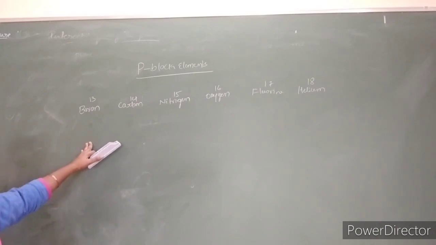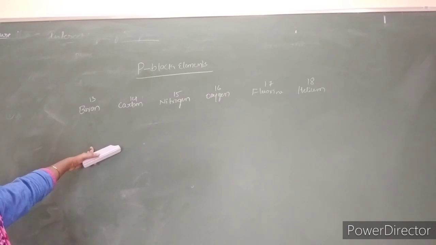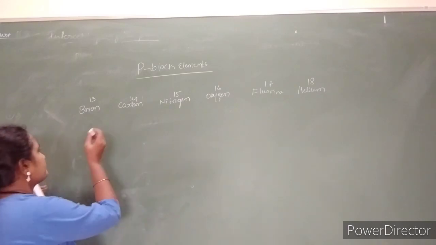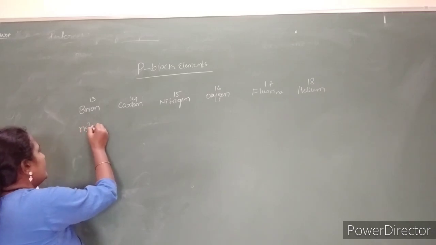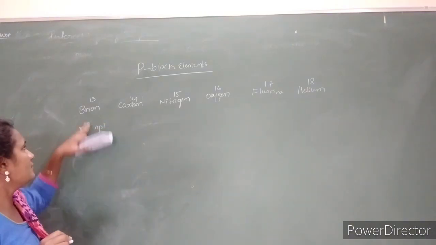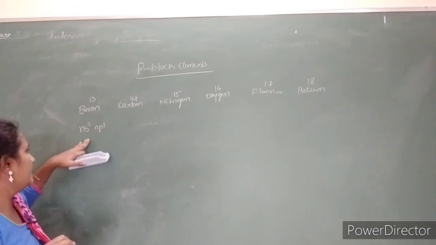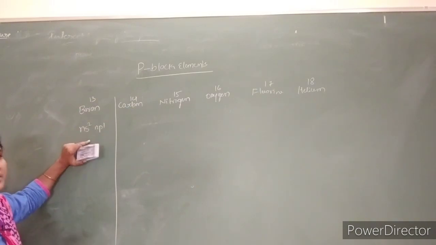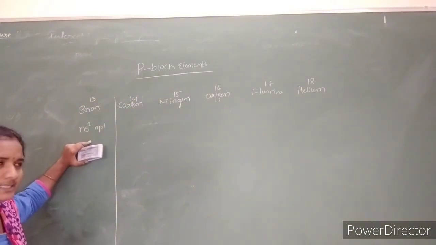If we see the general electronic configuration of each group, group 13 has ns2 np1, the boron family, meaning group 13 elements have 3 valence electrons.